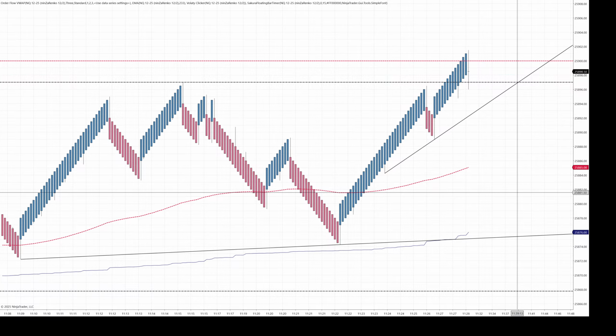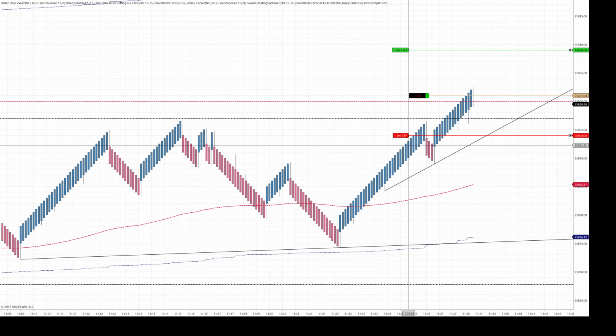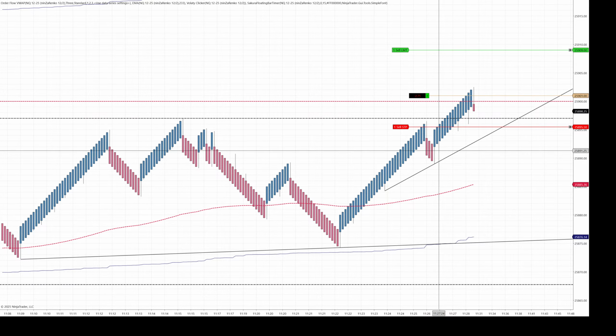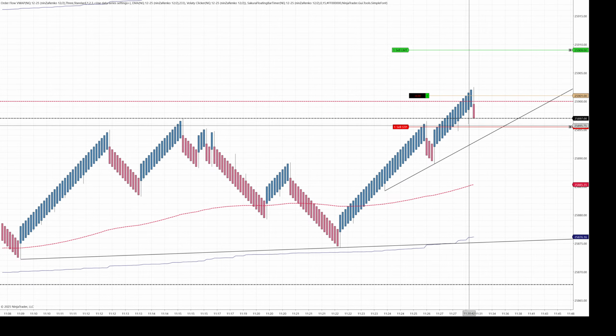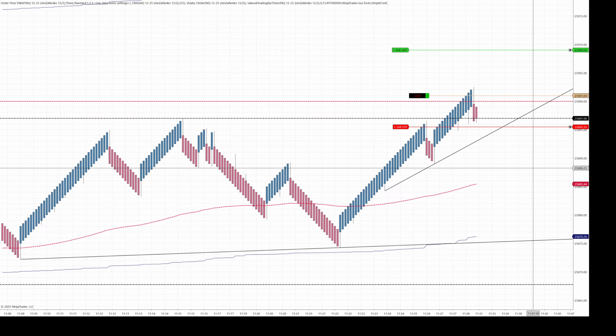What does it want to do? This may have been premature, but typically this is considered a pullback. Continuation up, but we may end up getting stopped out here.